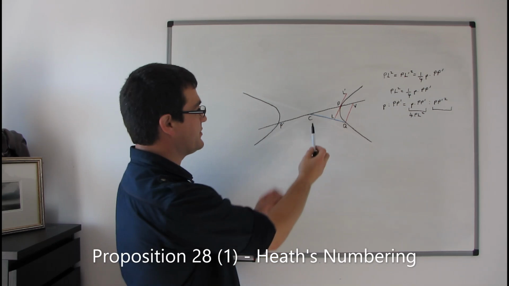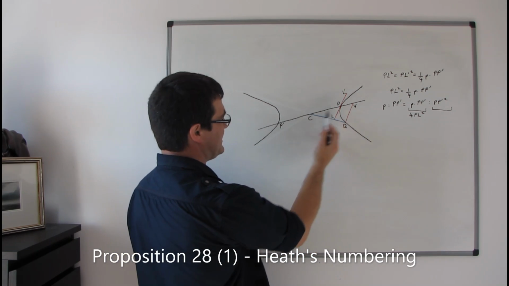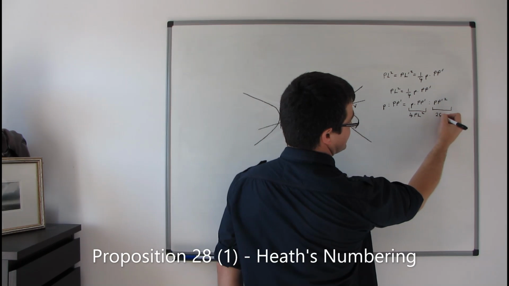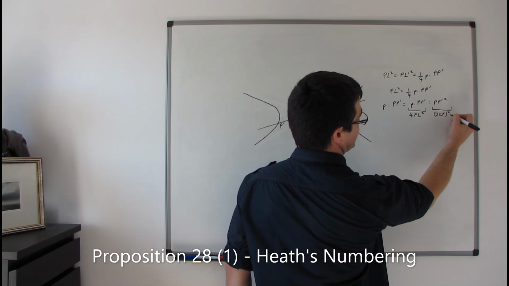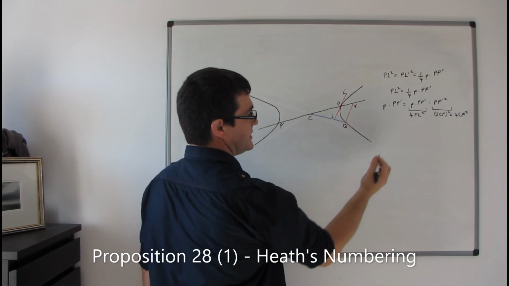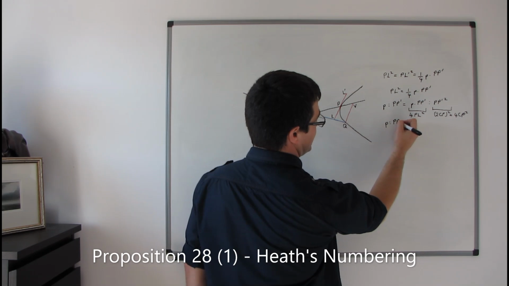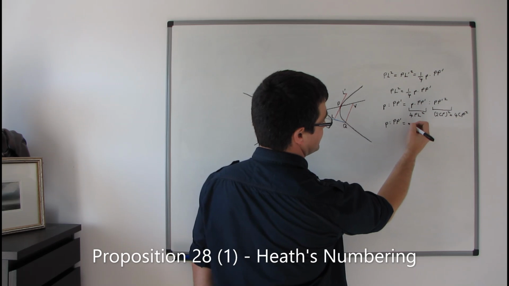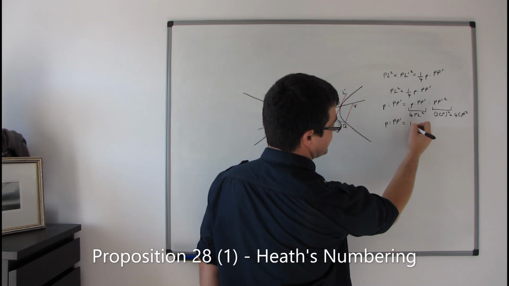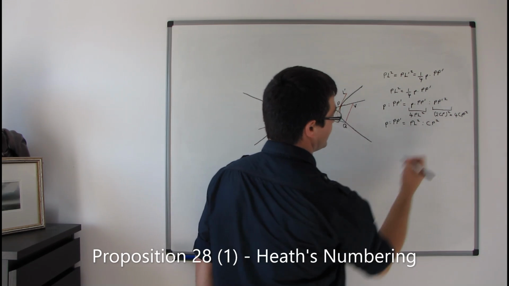The midpoint of PP' is C, so CP equals CP', and therefore PP' equals 2CP, so PP' squared is 4CP squared. So this ratio, p to PP', is equal to the ratio of 4PL squared to 4CP squared, which reduces to PL squared to CP squared.